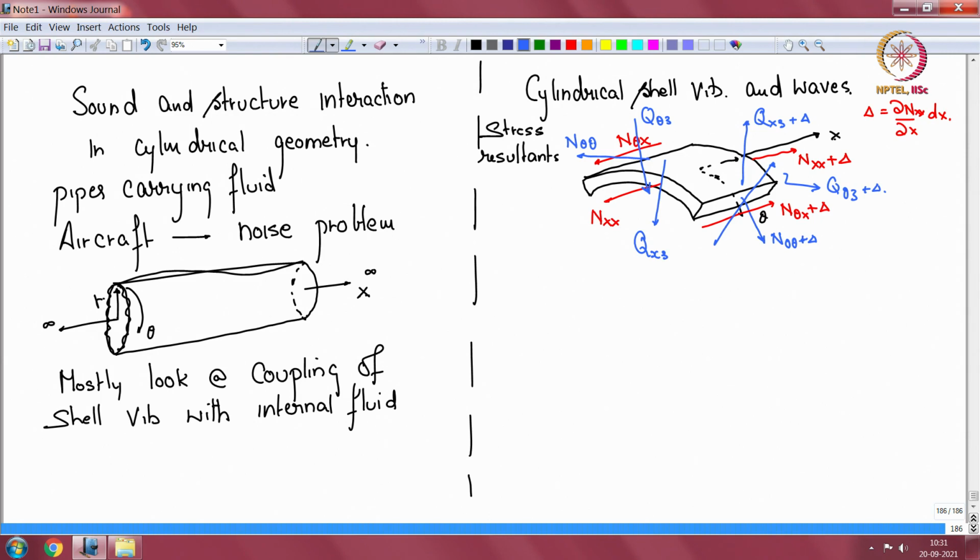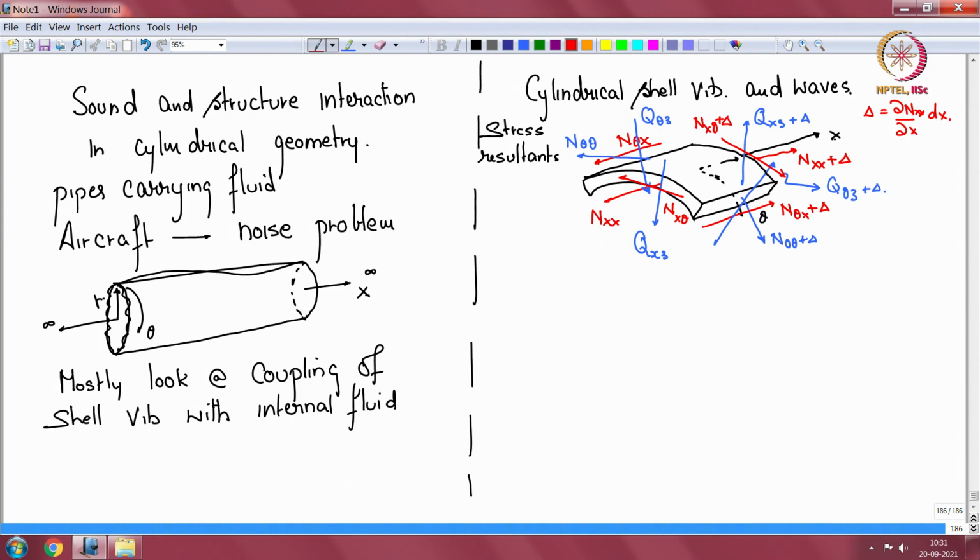Then we have nx theta and nx theta plus delta. These are the stress resultants.